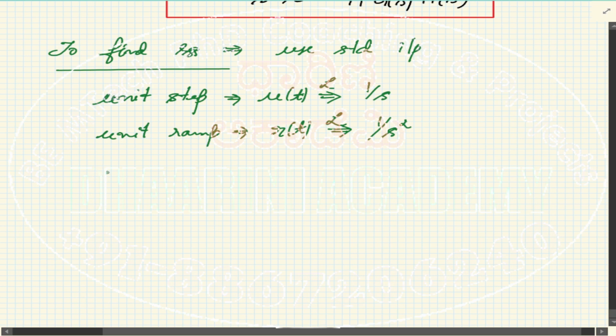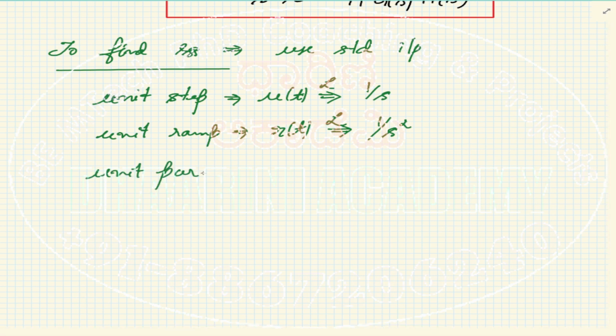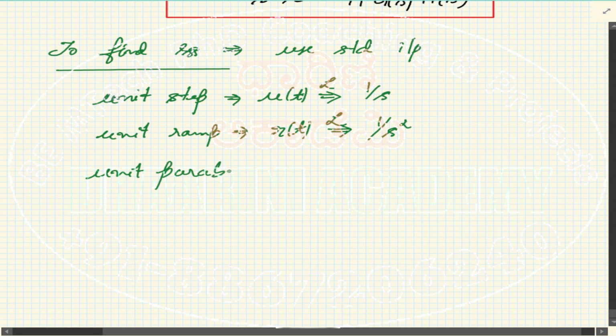Then you have the unit parabola. There is actually no unit for that. Simply we can write even the r of t here. Laplace is 1 over s cube. Okay.